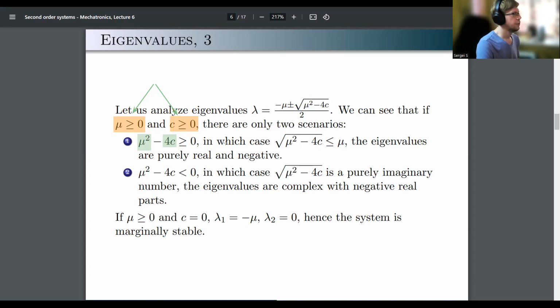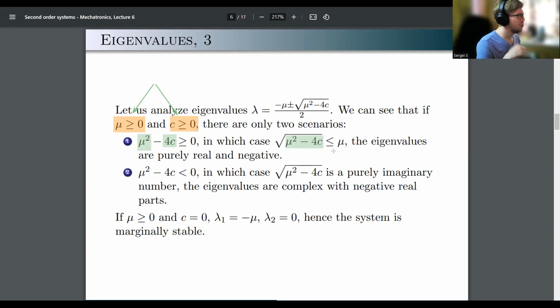All right, that is fine. Since the whole thing is positive, we can see that when we subtract 4c from mu squared, since c is also positive, this whole value under the root will be less than mu squared. I apologize, it sounds completely obvious, but of course it isn't, because if c was negative, I couldn't say that.